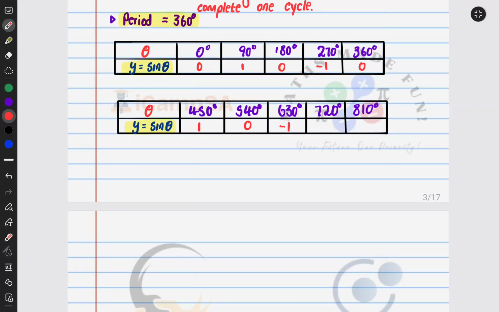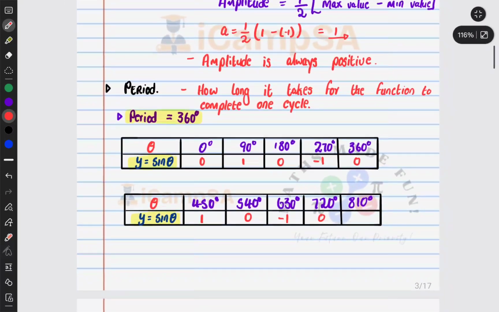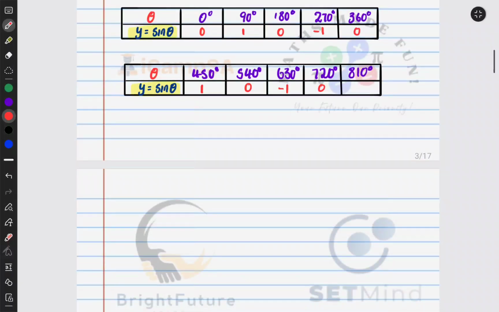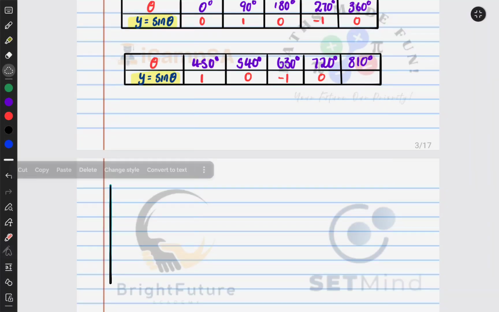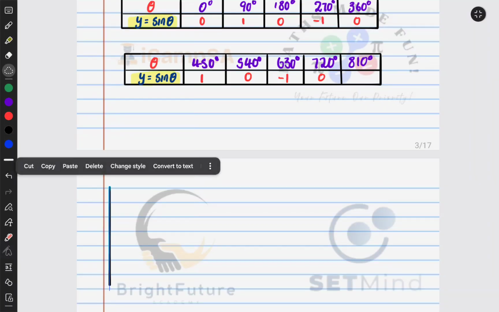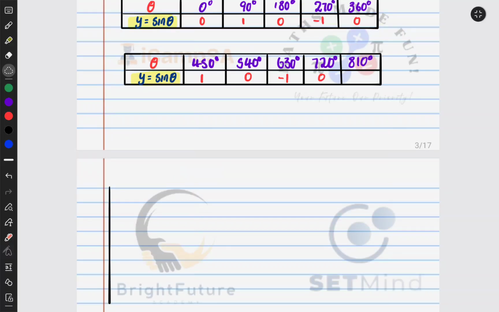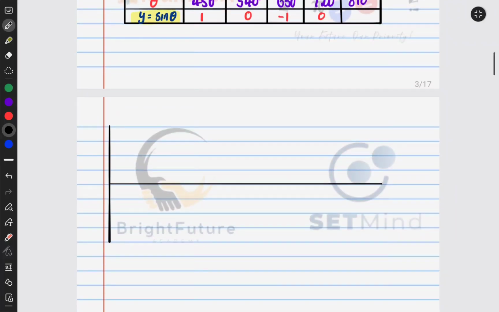Sine of 720 is going to be 0. Yeah, let's end here for now. Okay, so we're going to sketch once again, but now we're sketching a longer function, with more degrees.